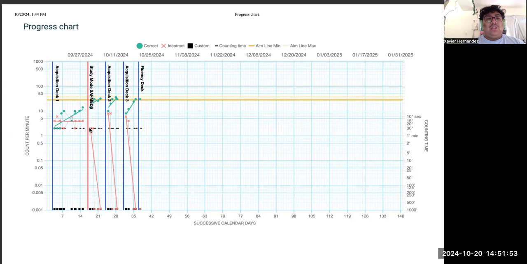After the intervention, there's an increasing, decreasing trend path for my D cell points. Moving forward to acquisition deck two and acquisition deck three, there's a decreasing path line towards my D cell points, while there's an increasing path line towards my actual points.